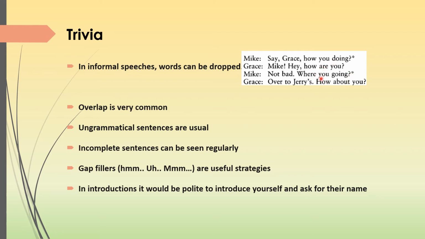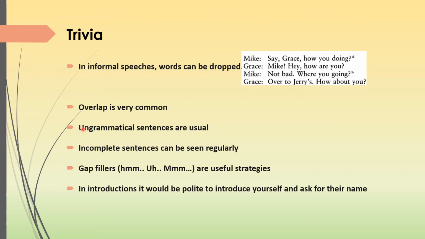So some words can be dropped, and that makes this an ungrammatical sentence, but in speaking, in conversation, it is pretty much acceptable. You need to understand that. But if I talk about performance, then definitely you cannot do that in a presentation. And this can be happening only in daily life conversations.